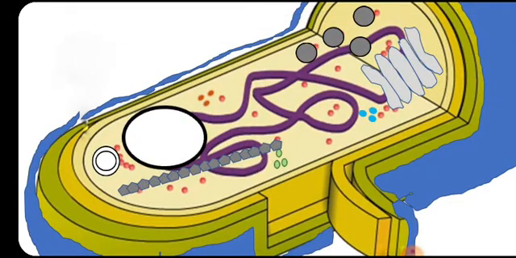Due to exposure to external unfavorable conditions like toxic chemicals and absence of water, the whole cell is destroyed, and this endospore is released out.